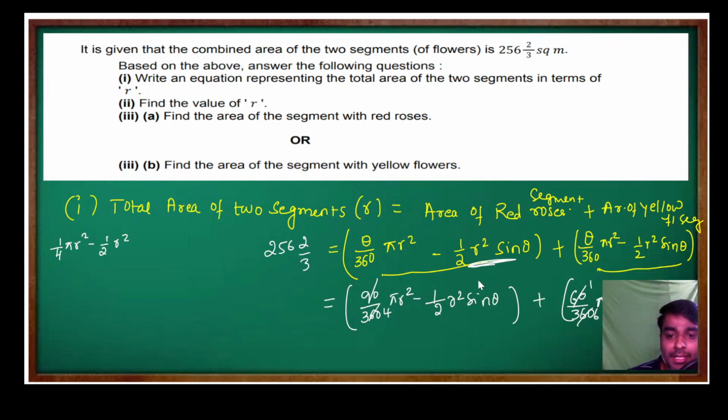This is sine 90, and sine 90 will be 1, so I'll take it as 1. Here it is sine 60, and sine 60 will be root 3 by 2. So half r square sine 90 is half r square. Plus 1 by 6 pi r square minus half r square into root 3 by 2, because sine 60 is root 3 by 2.